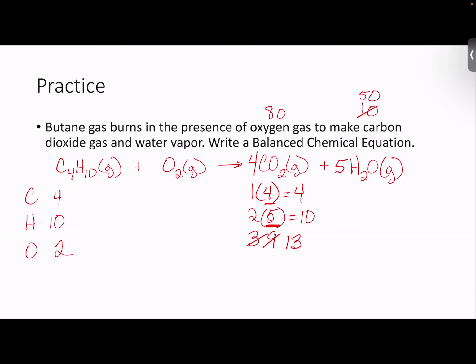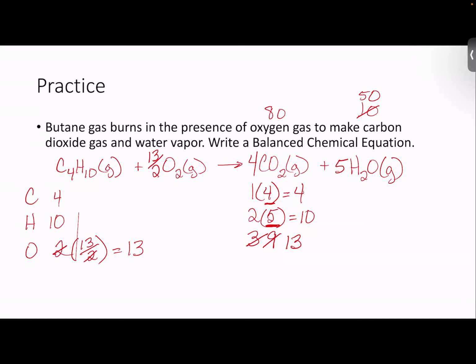This is where the fraction initially comes in handy. Because if I multiply the reactant side by 13 halves, what is that equal to? 13, because the 2's cancel. So I put a fraction in front of that oxygen.